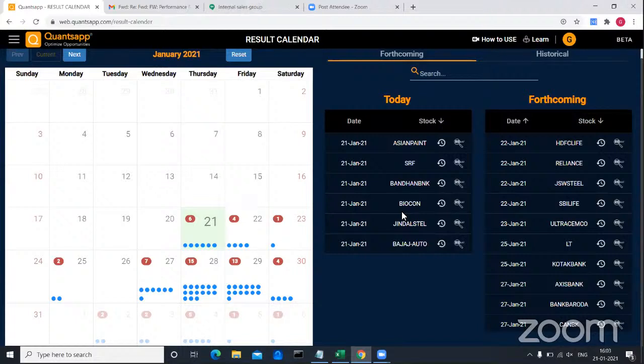In the same manner, if I want to look into the upcoming results, I can have a look at the side table.